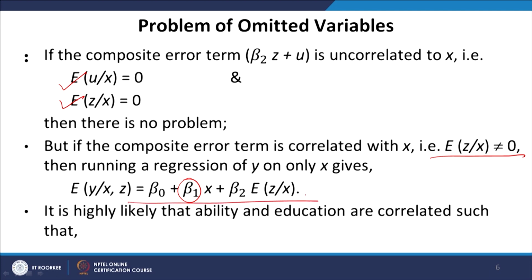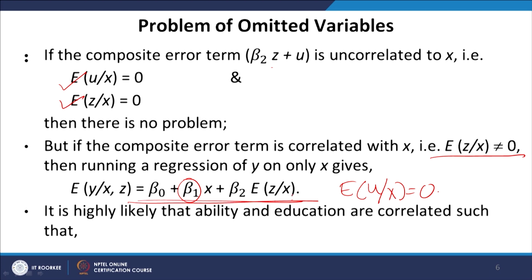So, we will be left with beta 2 times the expected value of z given x, because it is not equal to 0. We still assume that the expected value of u given x is 0, but the expected value of z given x is not 0. So, this is actually my original expression.